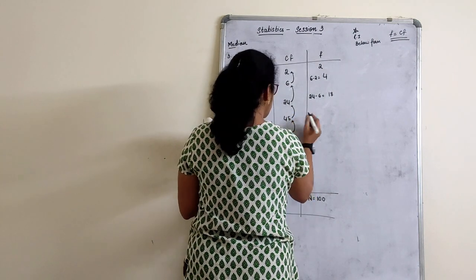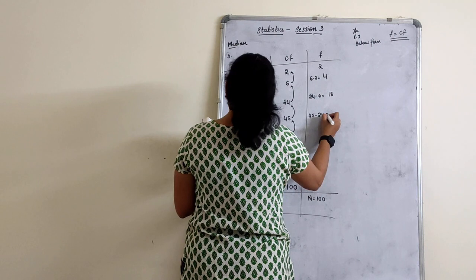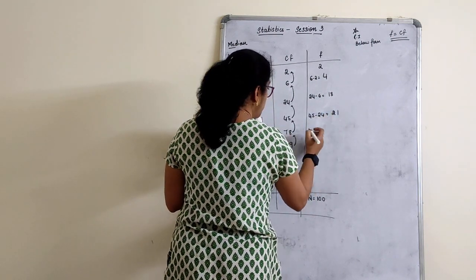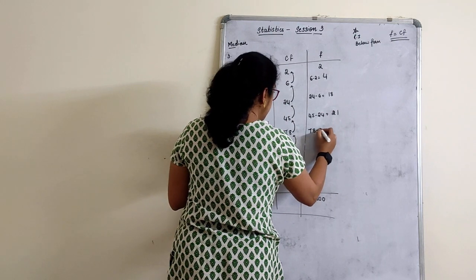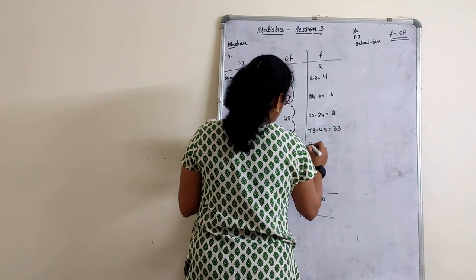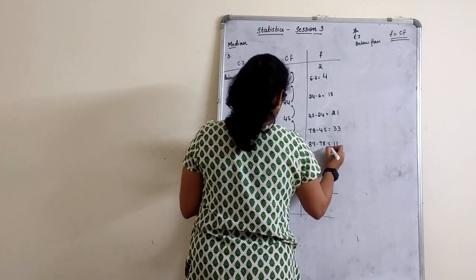What should be my next term? 45 minus 24. That is 21. What should be my next term? 78 minus 45. That is 33. Next term, 89 minus 78, 11.